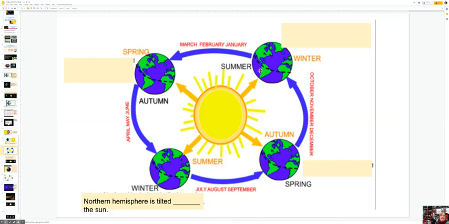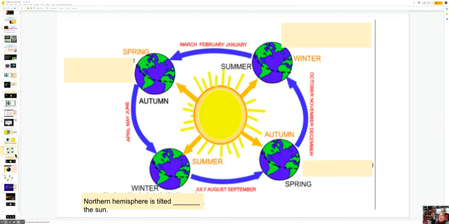In the southern hemisphere, kids, they are experiencing summer. Now, what I want you to do is go through and look at each picture and tell me, is the northern hemisphere tilted towards the sun or away from the sun? Okay, so you need to add those into those squares.